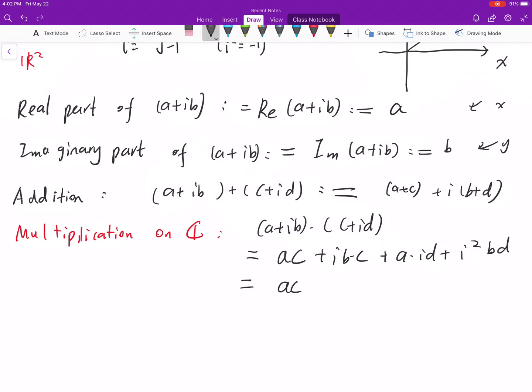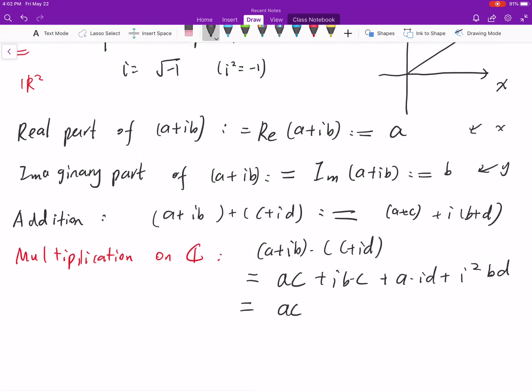And you plug in i squared is -1. Then we have ac minus bd plus i(bc plus ad).